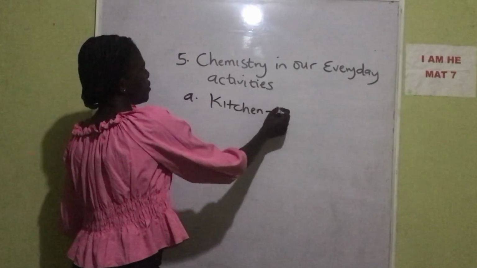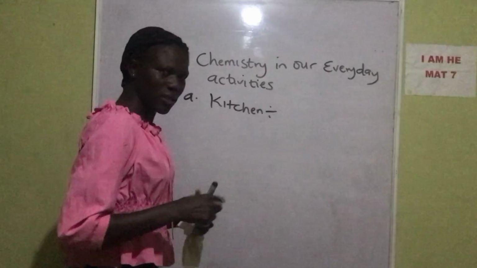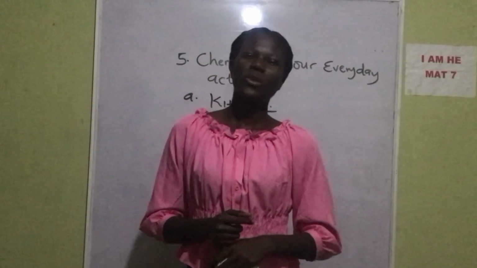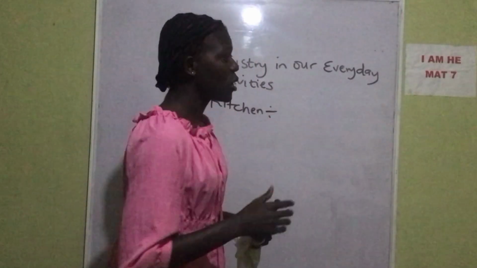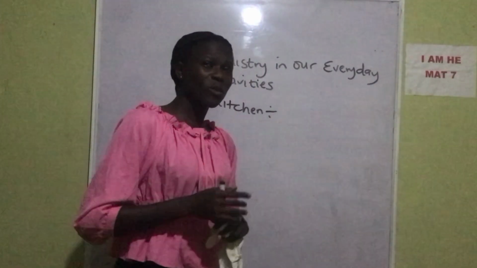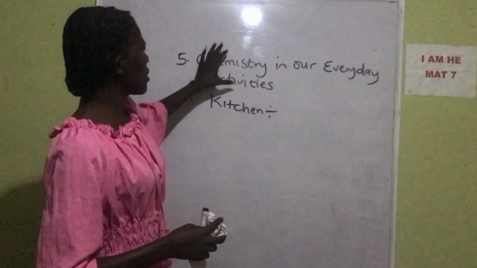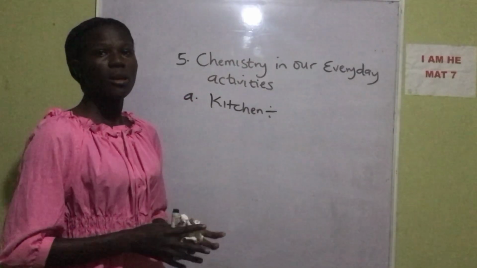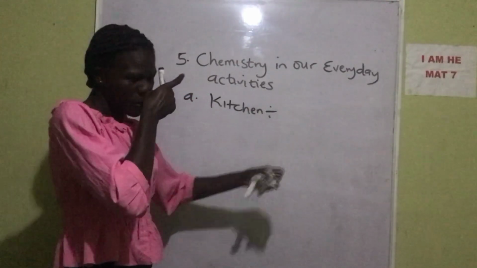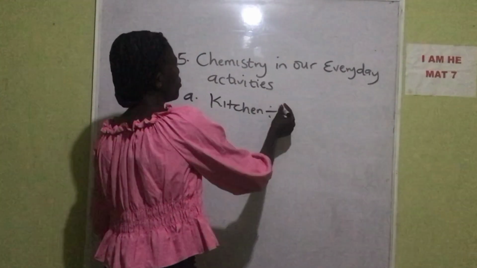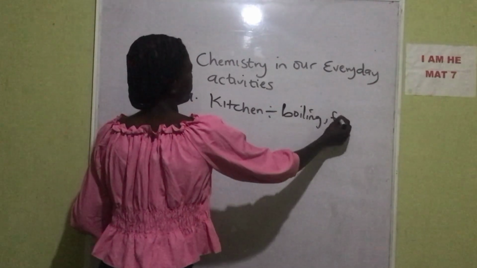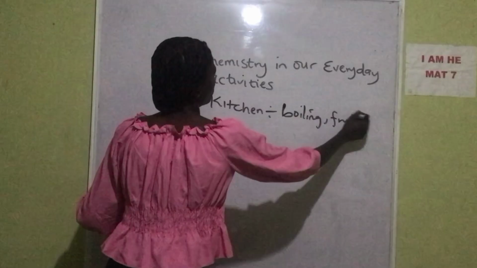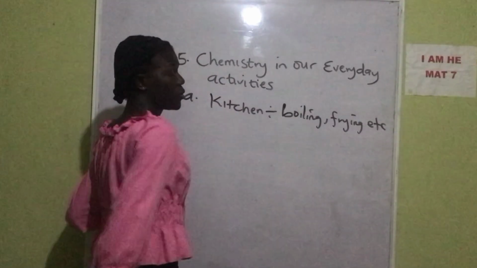When you start sorting things you want to cook with, you start estimating, cooking, boiling, frying, all those things, chemistry is taking place. You experience chemistry, not just in the lab alone.